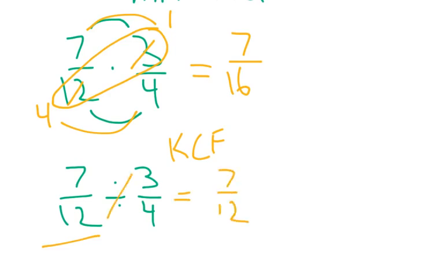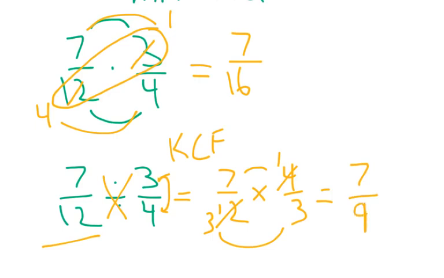We will change the sign to multiplication, and we're going to flip the fraction to be 4/3. Then just like we did earlier, we reduce the 4 and the 12 to get 1 and 3, and then we're multiplying 7 and 1, 3 and 3, for 7/9. So the mechanics for fractions are going to work the exact same way with rational expressions.